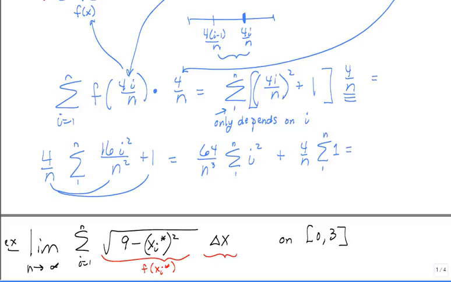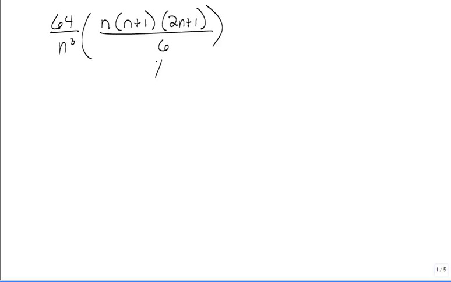Okay, here's where I use the formulas. Remember, we have the formula for i squared. The formula for the sum of i squared is n(n plus 1)(2n plus 1) over 6. That's what the sum of i squared is, from 1 to n.